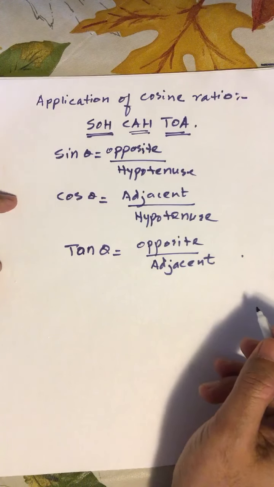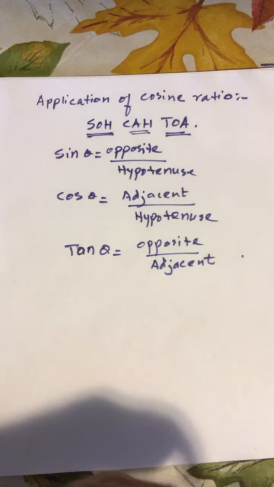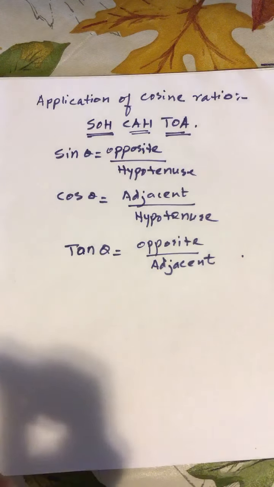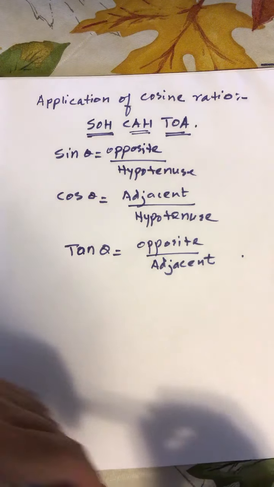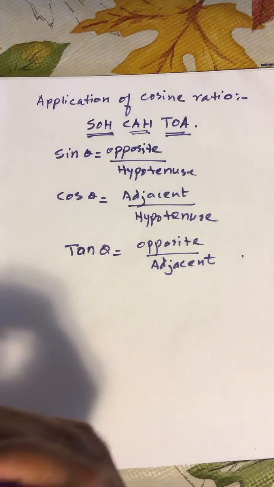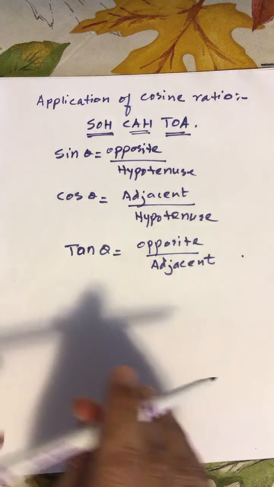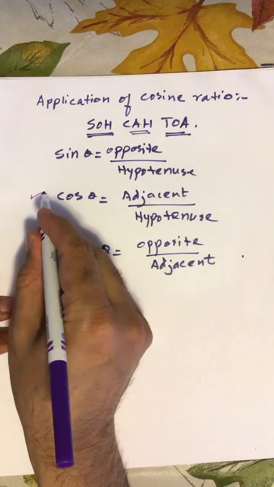So in the previous lesson, you have learned about the application of sine theta, how to use sine theta in finding either opposite or hypotenuse, or find a missing angle if opposite and hypotenuse is given. Today we will learn how to apply cosine theta.